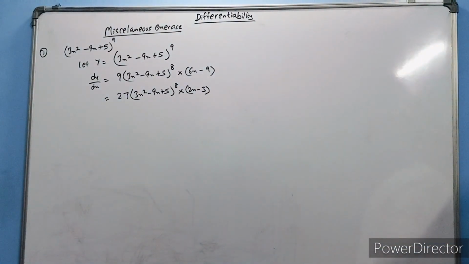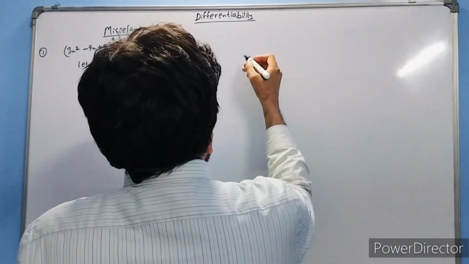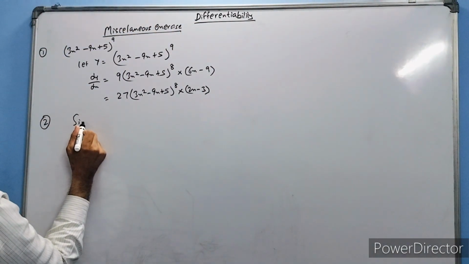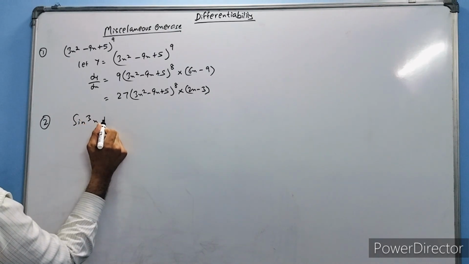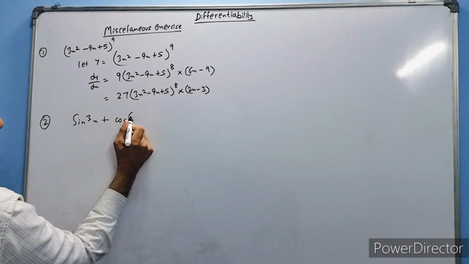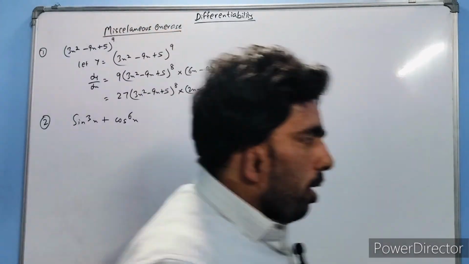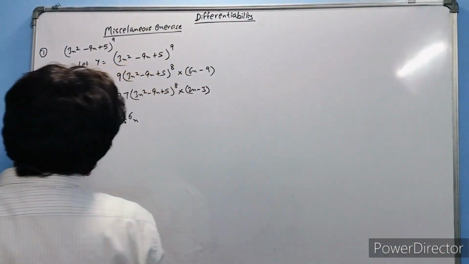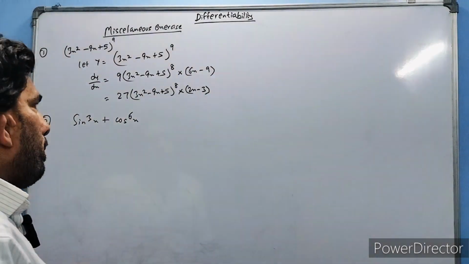Now the second question is sin cube x plus cos raised to power 6x. So this is the question we have, sin cube x plus cos raised to power 6x. How will we try to differentiate it? Let us see.